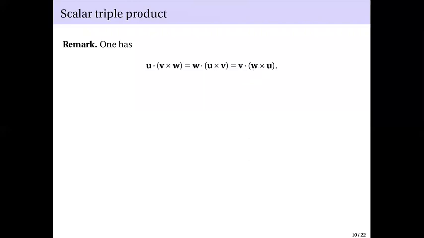So how can we remember this easily? You have your u, v, w. You move counterclockwise, or clockwise, sorry. You move clockwise. So look at this. u dot v cross w, v dot w cross u, or w dot u cross v.